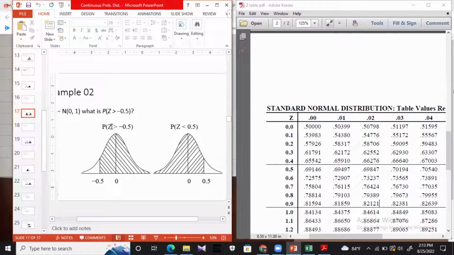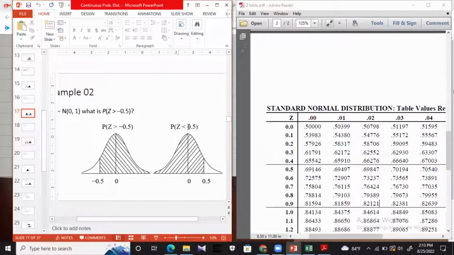That means Z greater than minus 0.5 is the same as Z less than 0.5 according to the symmetry of the distribution. Z less than 0.5. Now you can read this probability from the table, no?